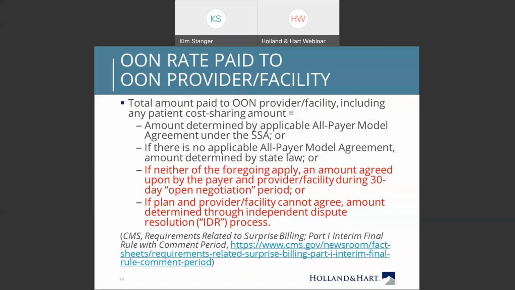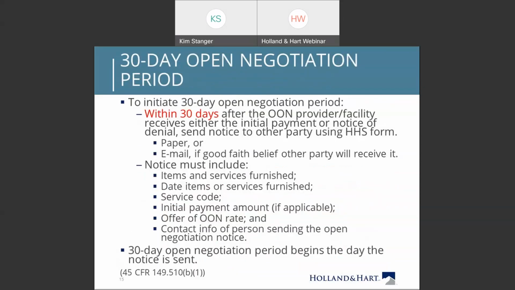So for most of us, we're dealing with the next two items, and that's what we're going to focus on today. If neither of those foregoing issues apply, then you would look to the amount agreed upon by the payer and provider or facility during their 30-day open negotiation period. And if the parties can't come to terms during that 30-day open negotiation period, then the plan or the provider can submit that to this independent dispute resolution process, and that will determine the amount that that out-of-network provider is going to be paid.